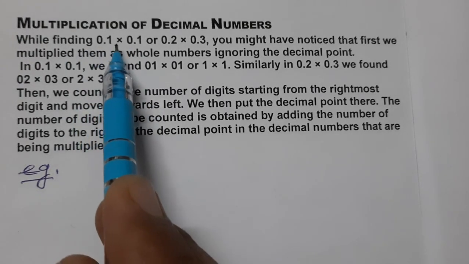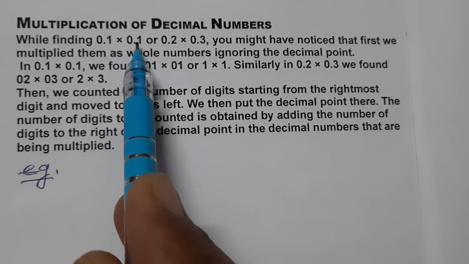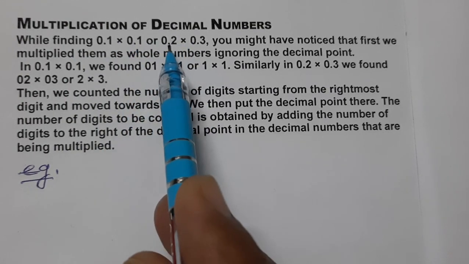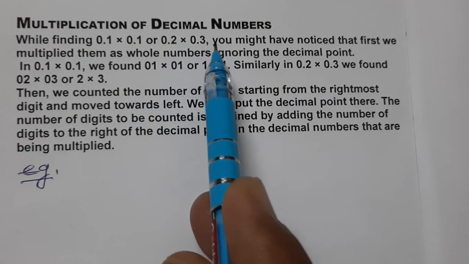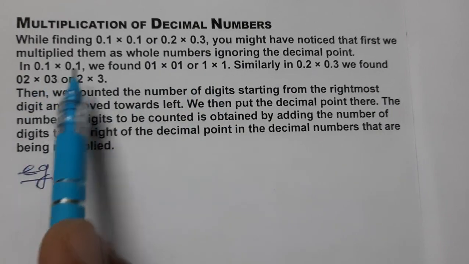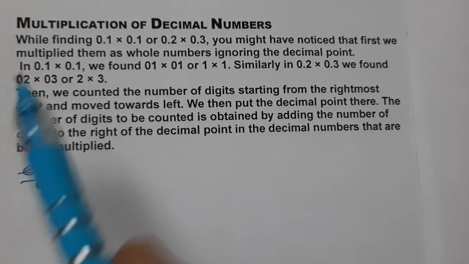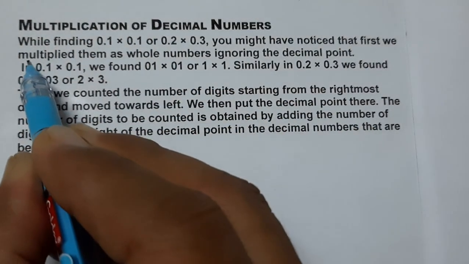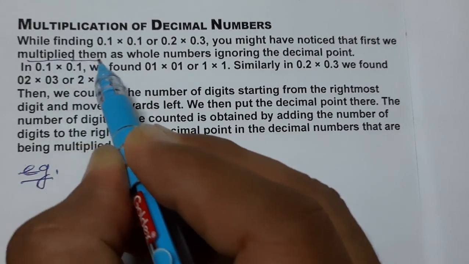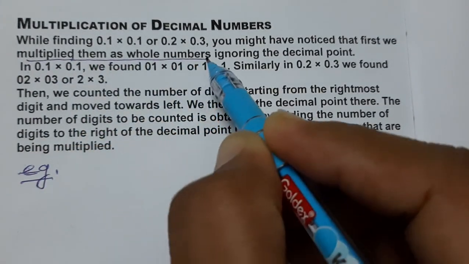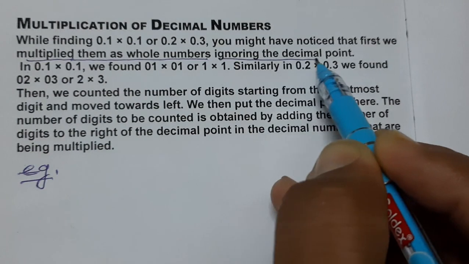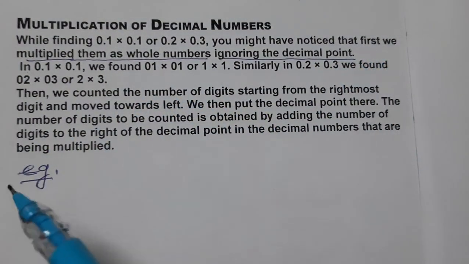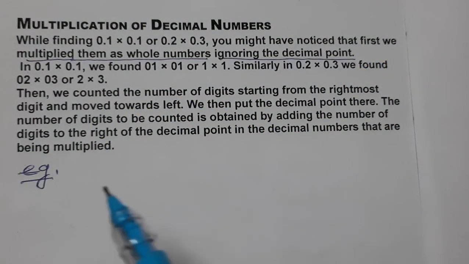While finding 0.1 into 0.1 or 0.2 into 0.3, you might have noticed that first we multiply them as whole numbers. The very important point: first you simply multiply them as whole numbers, ignoring the decimal point. Don't look at the decimal point, just multiply the numbers.